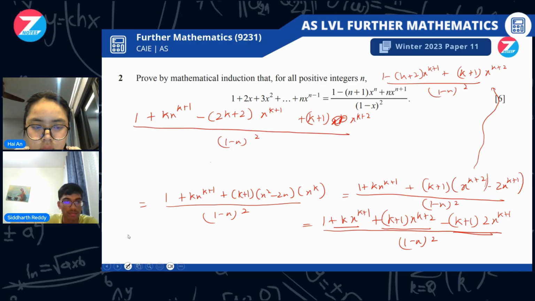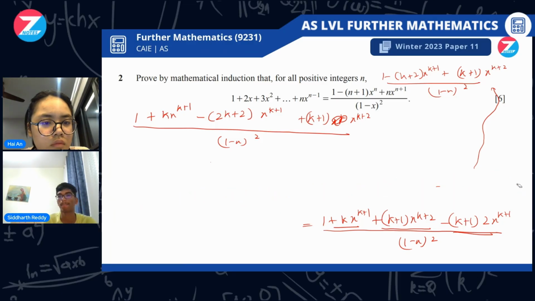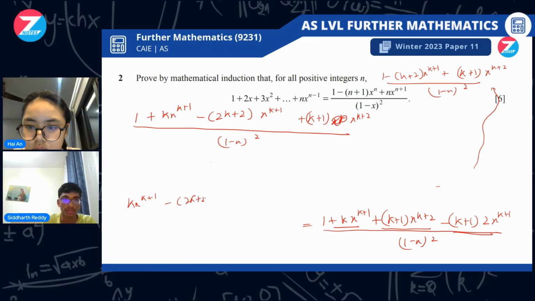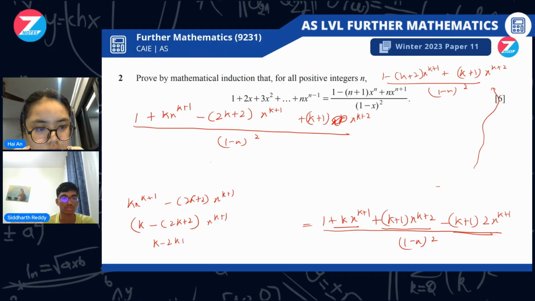Okay, and what we get from this, when we have x to the power k plus 1 and minus 2k plus 2 times x to the power k plus 1, just factor out the x to the power k plus 1. We have x minus 2k plus 2 times x to the power k plus 1, right?